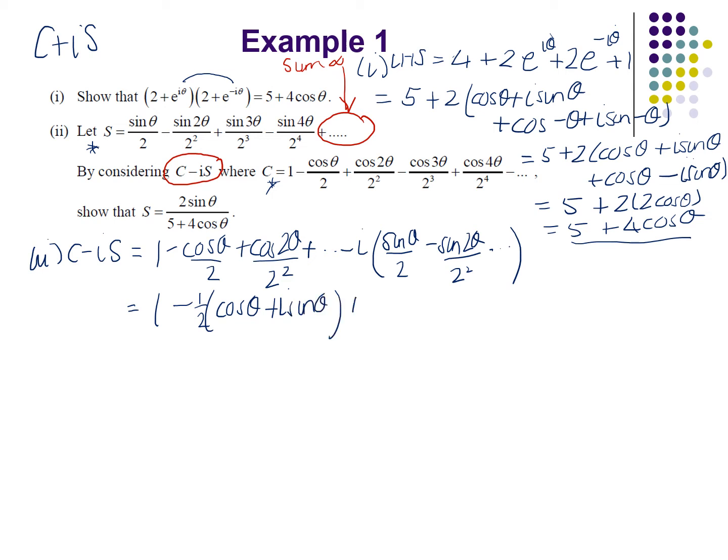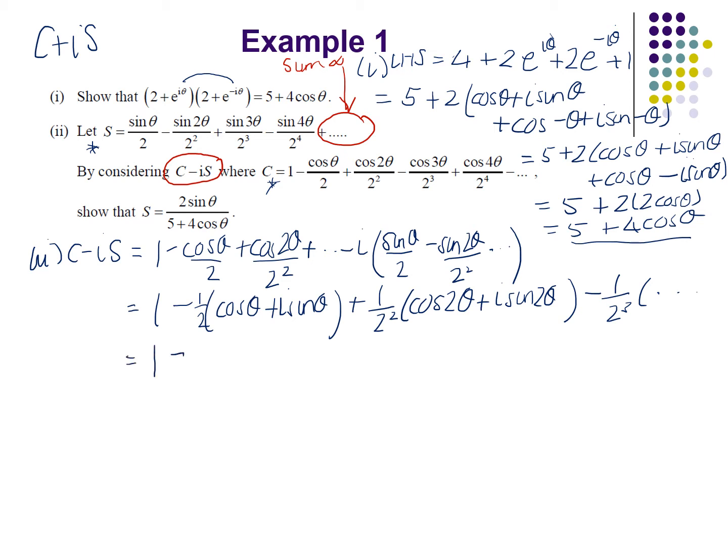Plus 1 over 2 squared, cos 2 theta plus i sine 2 theta, and then I'd get minus 1 over 2 cubed, etc, etc, etc.